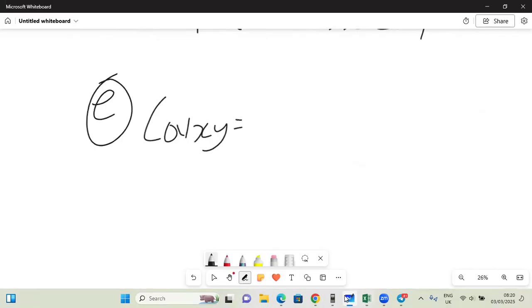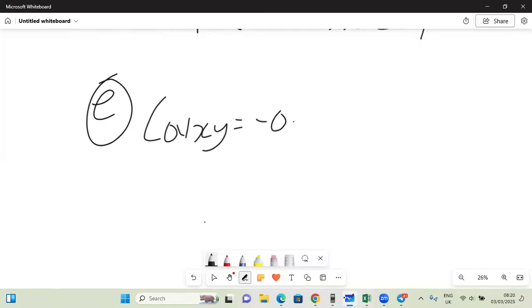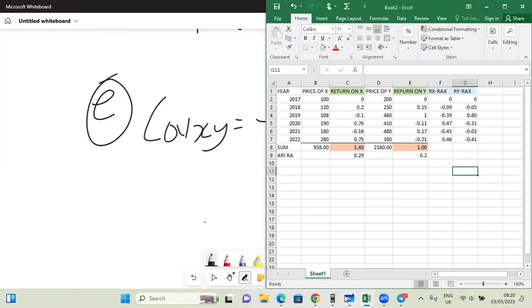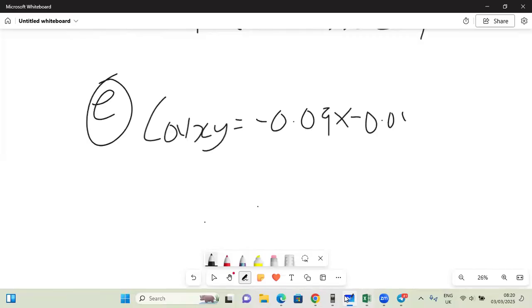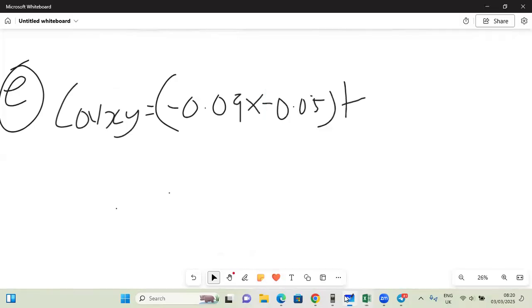The first one is negative 0.09 times negative 0.05, plus the next one, which is negative 0.39 times 0.8.